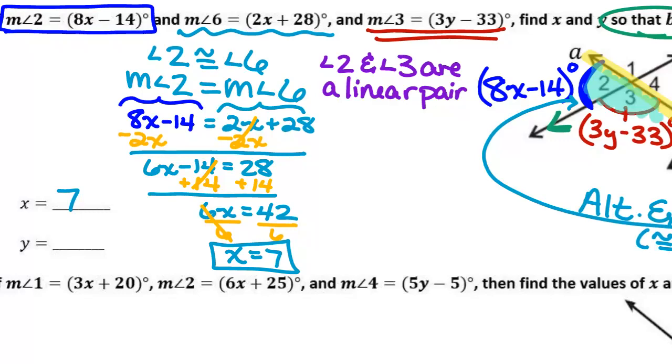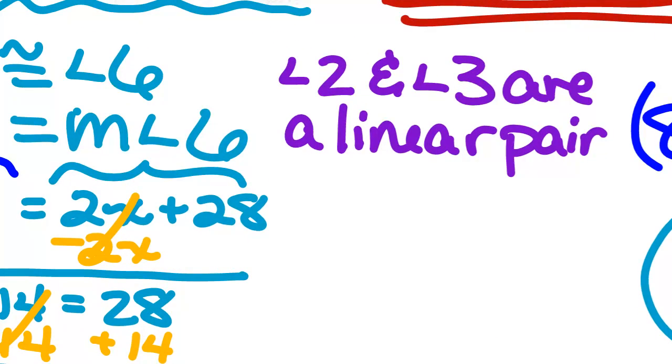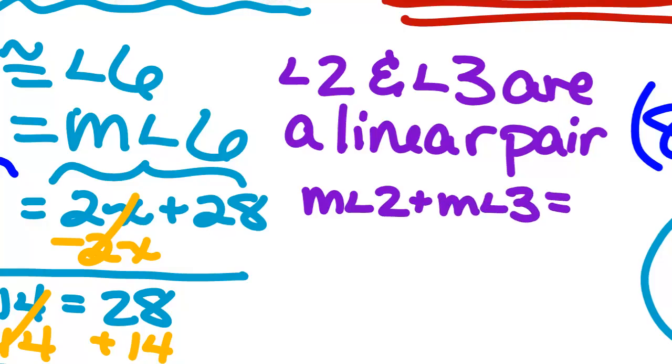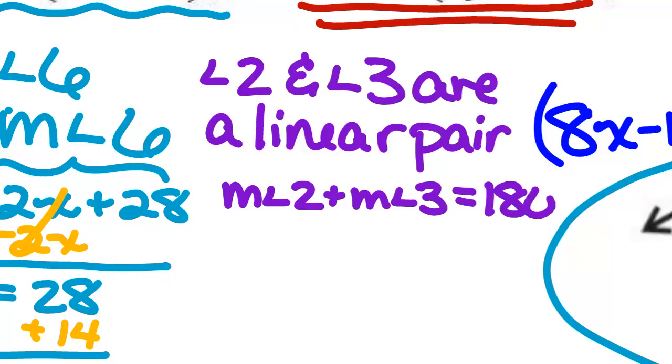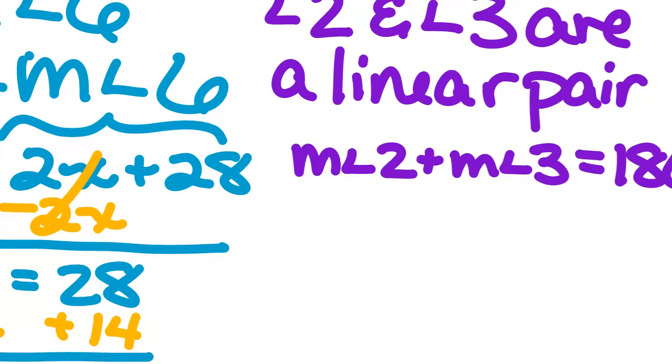So that means they will add to 180. So the measure of angle 2 plus the measure of angle 3 equals 180 degrees. Angle 2 is 8x minus 14.